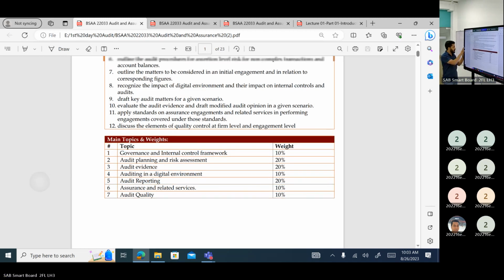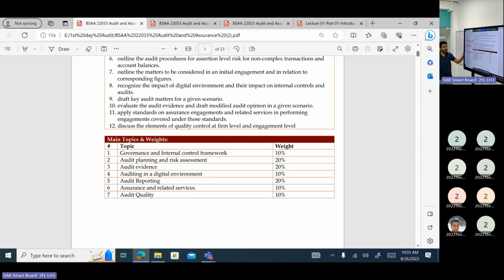Planning and risk assessment, execution and conclusion.